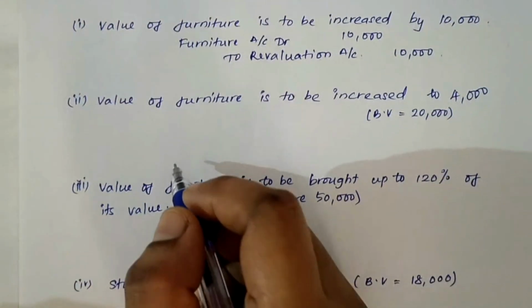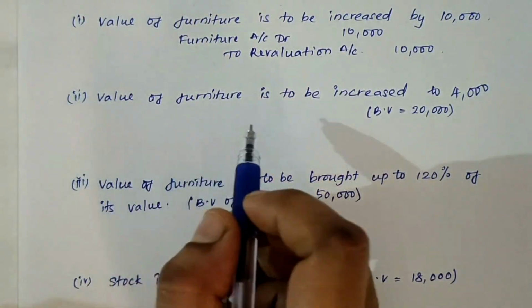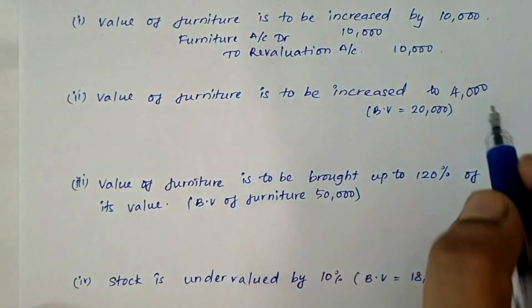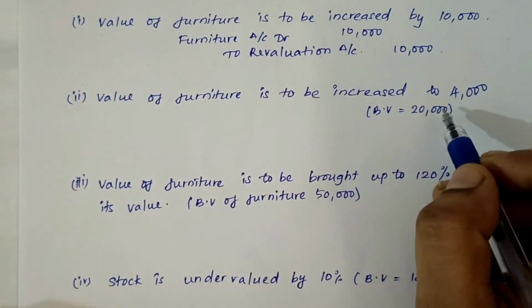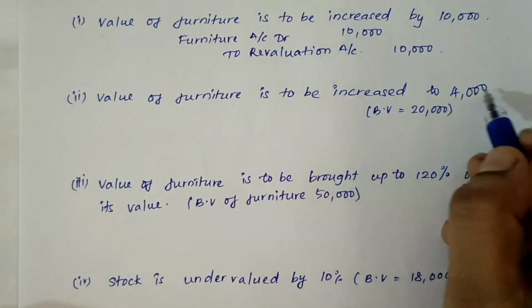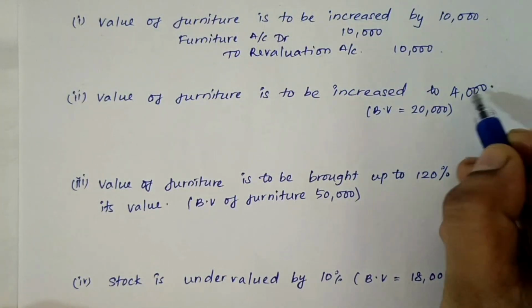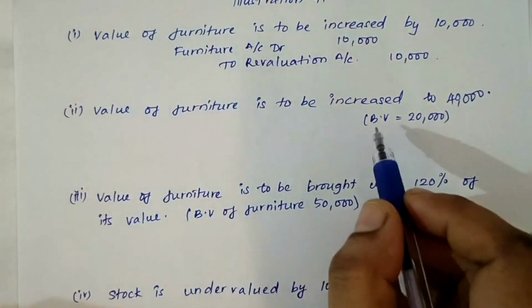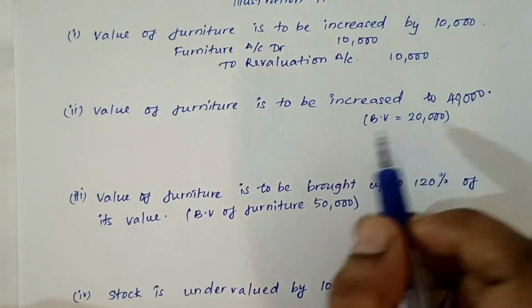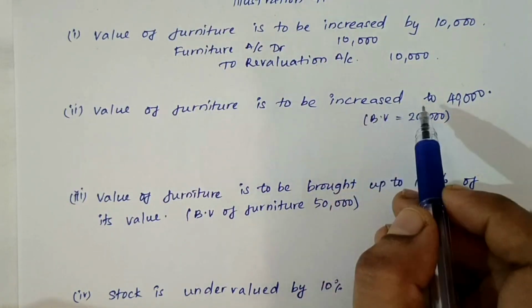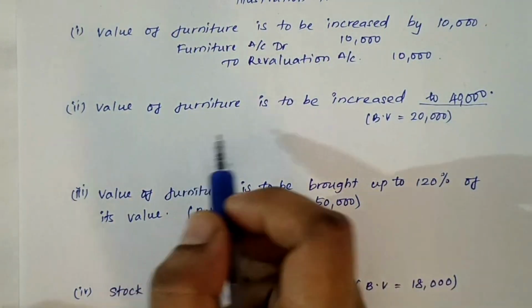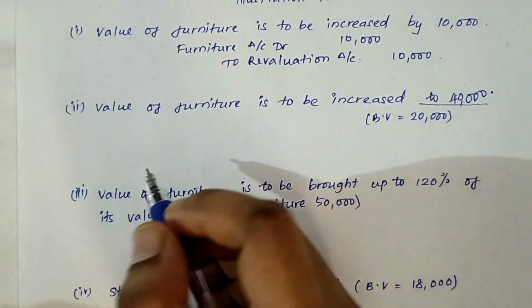It's a direct question. Next one is: value of furniture is to be increased to 40,000. The book value of furniture is 20,000, so it has to be increased to 40,000, which means there is an increase of 20,000.